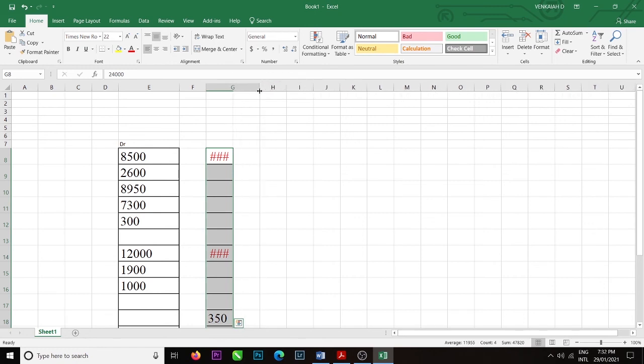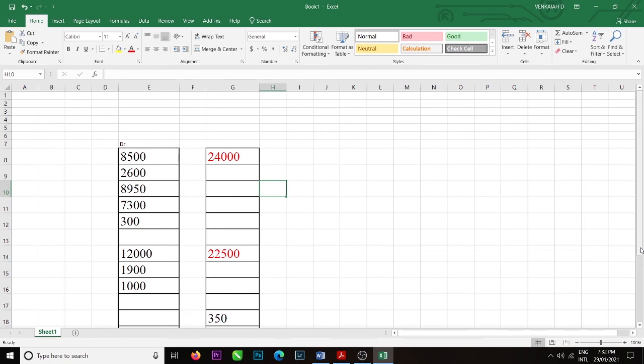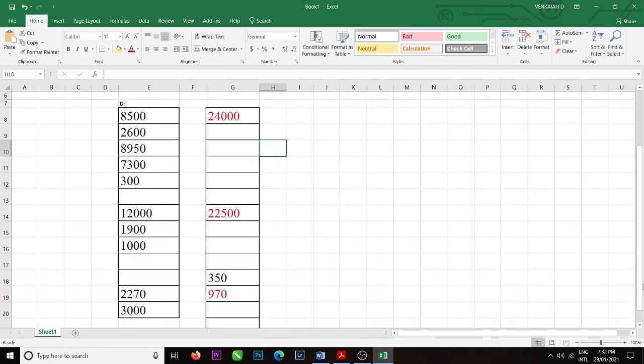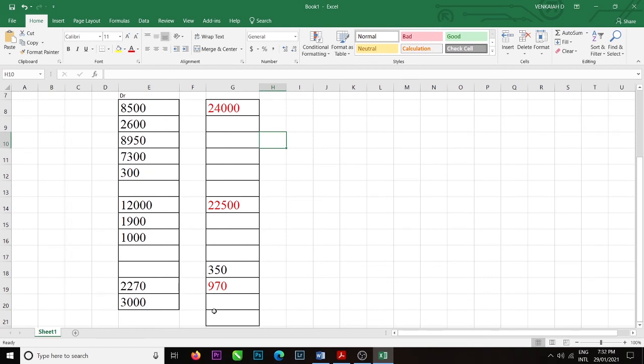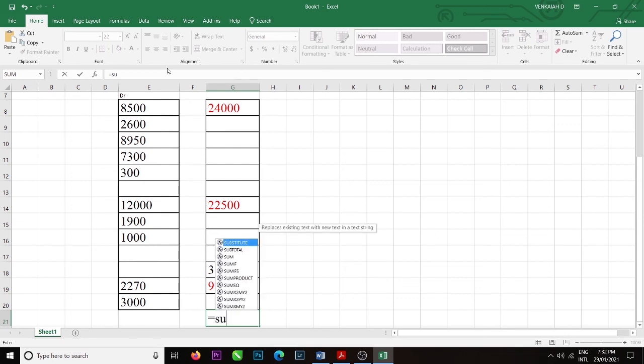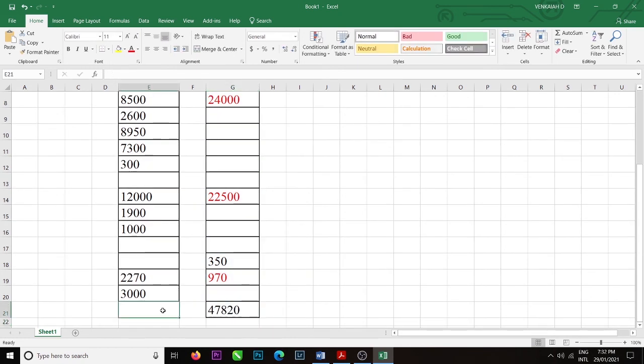We are totaling. We are using an Excel sheet for the total, so we can do it automatically.